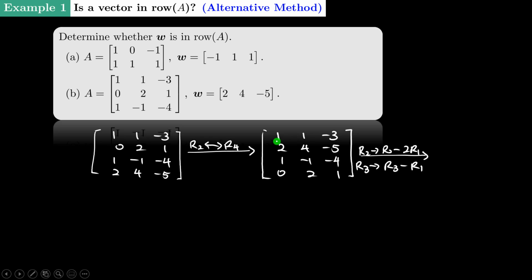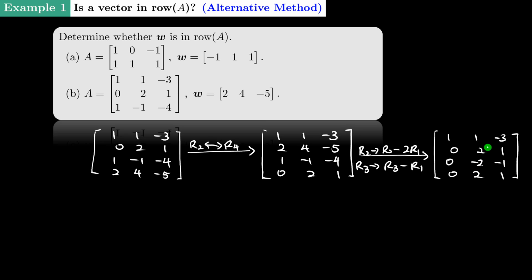This is to get rid of this number here and this number here, because the number 1 is the pivot. So we end up with 1, 1, minus 3, 0, 2, 1, 0, minus 2, minus 1, finally 0, 2, 1. And then here we identify that our second pivot is the number 2 here. So we need to get rid of these two numbers below the pivot.